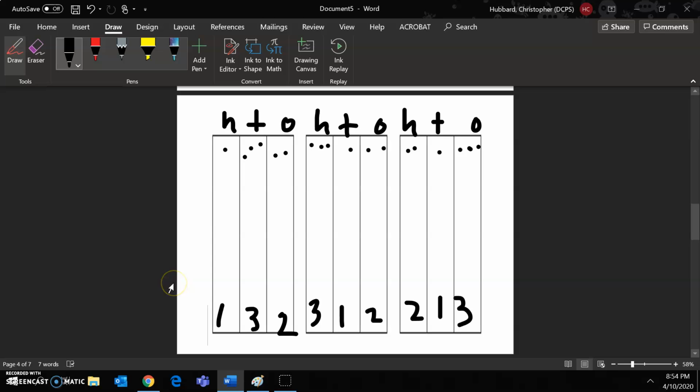And then put your greater than, less than, or equal to symbols onto your paper. 10 more seconds. If you need more time, you can pause the video. 5, 4, 3, 2, 1.